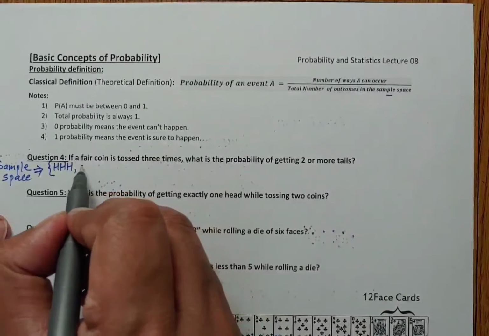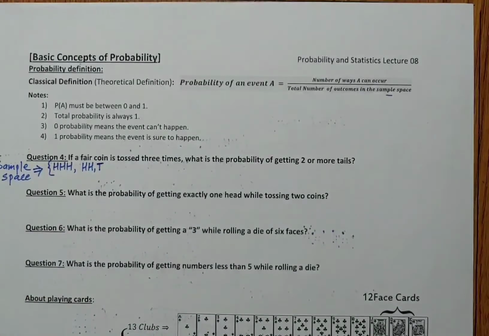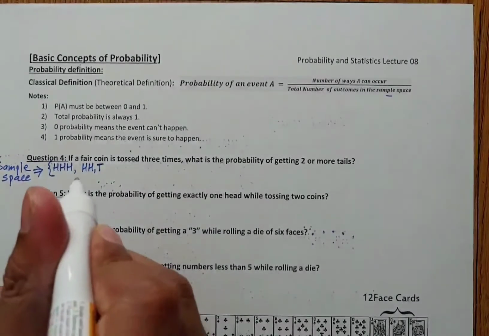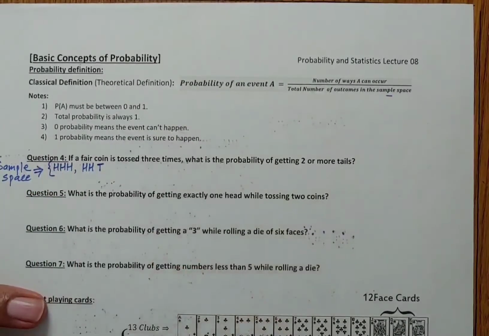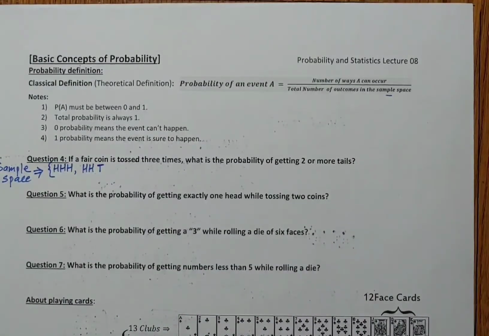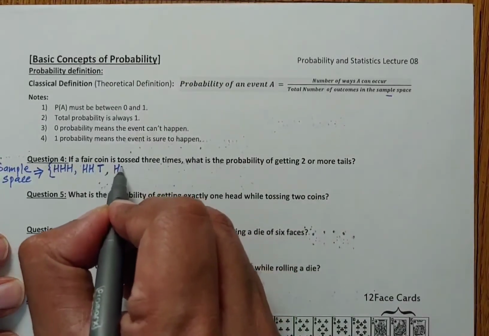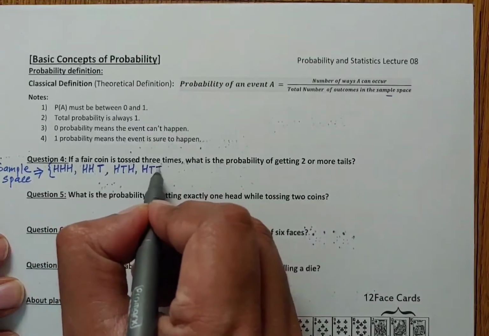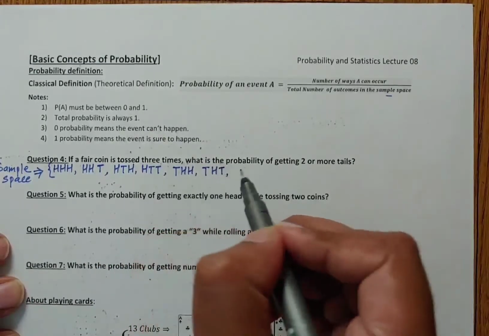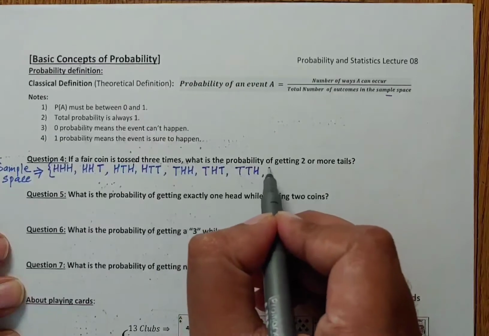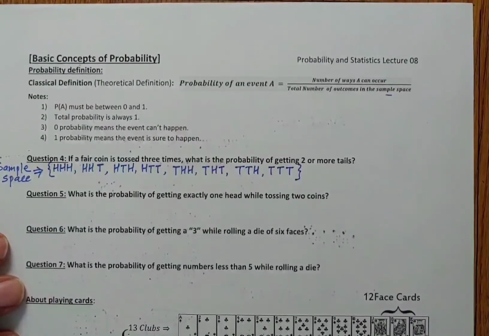Sample space is HHH, HHT, HTH, HTT, THH, THT, TTH, TTT. Okay, so this is the sample space, right?